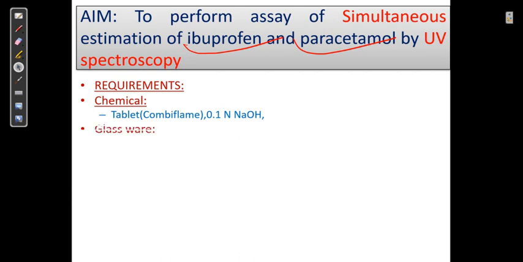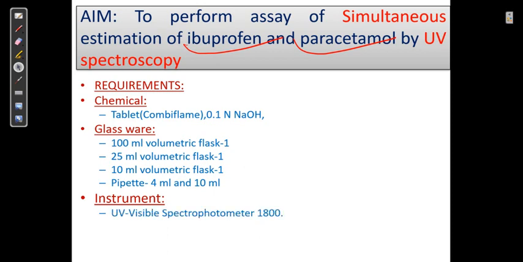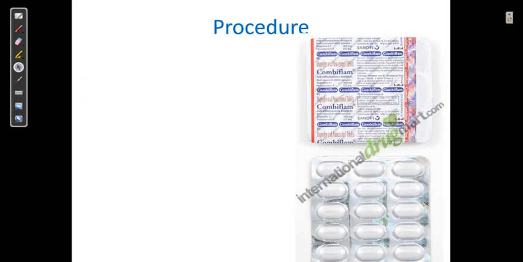Glassware: 100 ml volumetric flask 1, 25 ml volumetric flask 1, 10 ml volumetric flask 1, and pipettes of 4 ml and 10 ml. Instruments: UV visible spectrophotometer, any model if you have, weighing balance, sonicator and filter paper. Let us start the procedure.